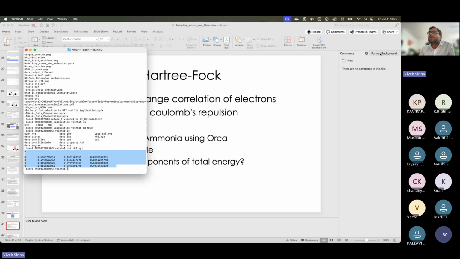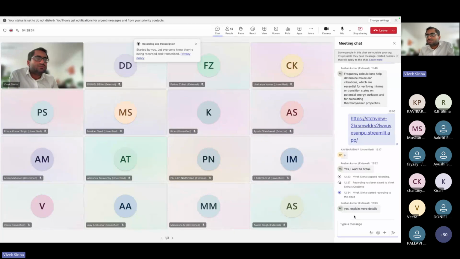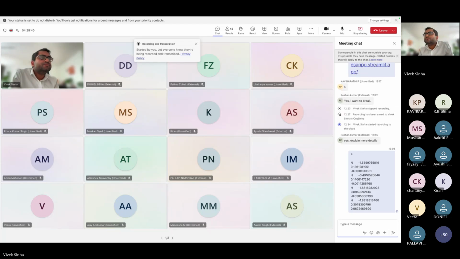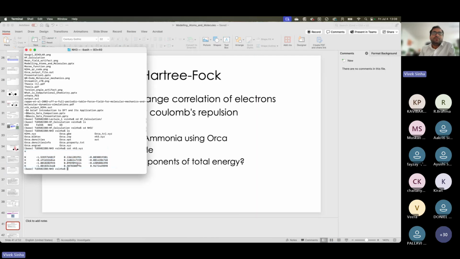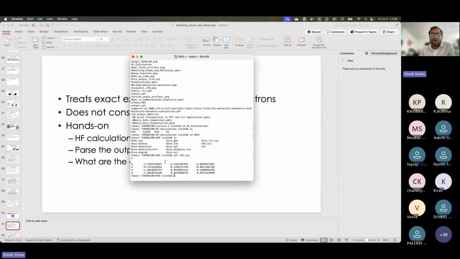Maybe I'll just put it in the chat. Is that okay? So you can either use it from there, or you can construct it by yourself. And I want you to do a Hartree-Fock calculation for that.